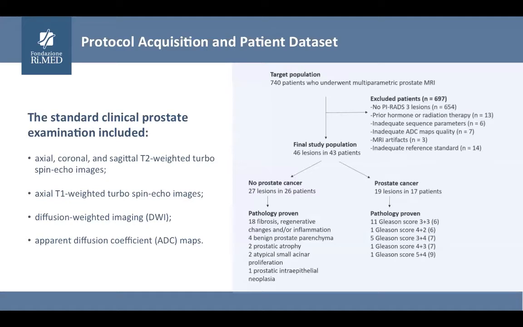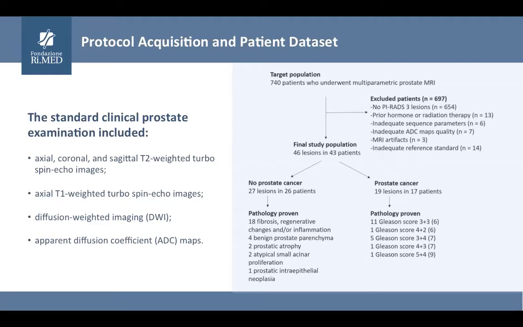46 patients who had been studied with MRI were retrospectively considered to determine the absence or presence of prostate cancer. MRI exams were performed using a 1.5 Tesla MRI scanner using the same imaging protocol in all patients.